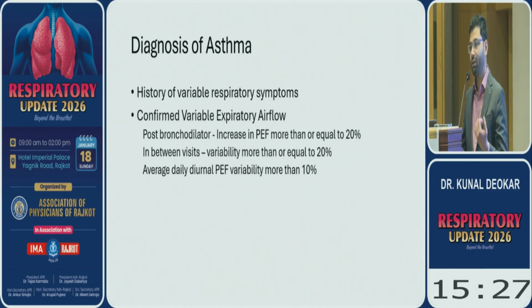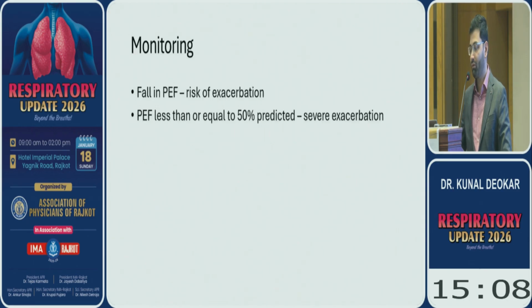Suppose a patient comes to me with suspected asthma and I do not have spirometry. I do a peak flow, and after a few days when the patient comes back, I repeat the peak flow. If there is a variability of more than or equal to 20%, it suggests that the patient has bronchial asthma. So this is the way we can use peak flow for diagnosis.